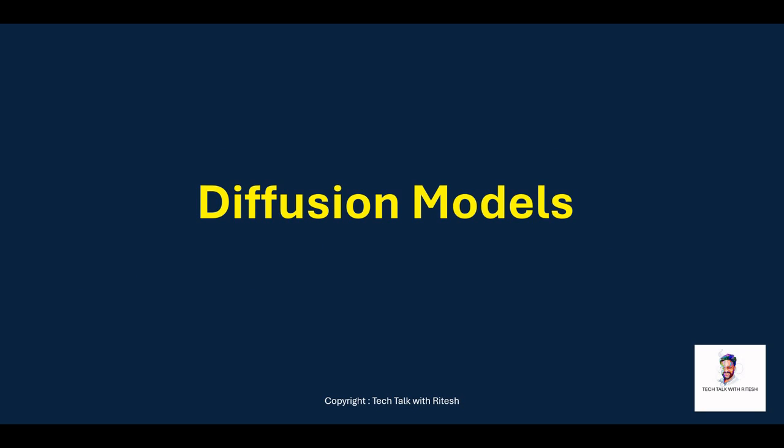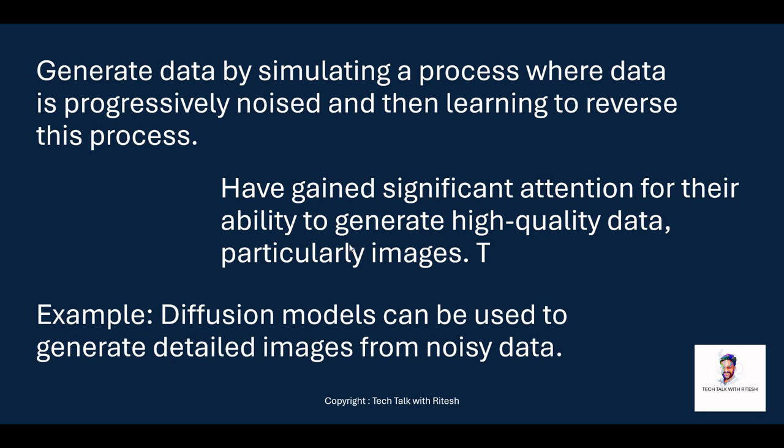Now let's see the next model, which is the diffusion model. Diffusion models generate data by simulating a process where data is progressively noised and then learning to reverse this process. So first noise will be added, and then the model learns to reverse the process.